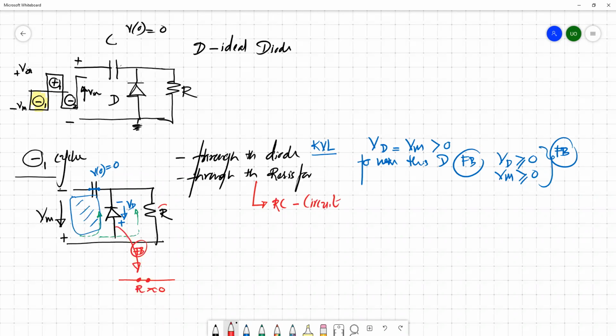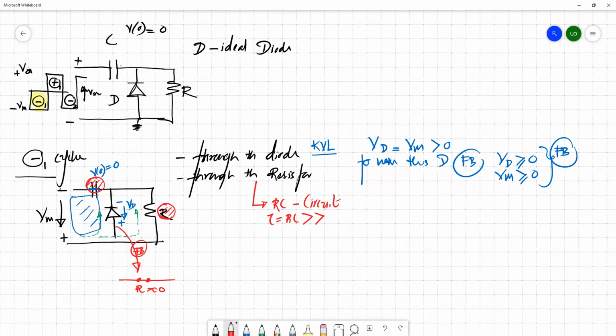This is your R and this is your C. For the time being, to explain this scenario, let's assume this RC time constant is very, very large.